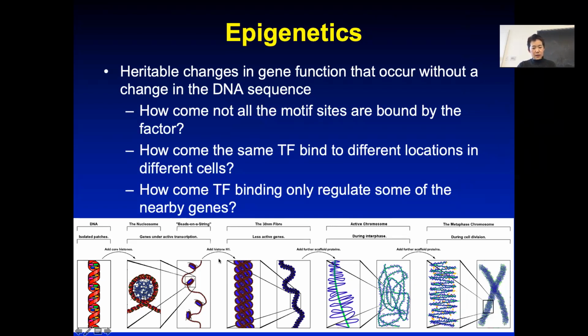And if you continue to zoom out, you will see this thing. It's like a rubber band. You keep twisting, and they form more and more structures. You can see all the blues are Oreo cookies stacked on top of each other. And then, if you keep on zooming out, you will see this thing, and this is what people call the 30 nanometer fiber. That's what most people refer to as chromatin.